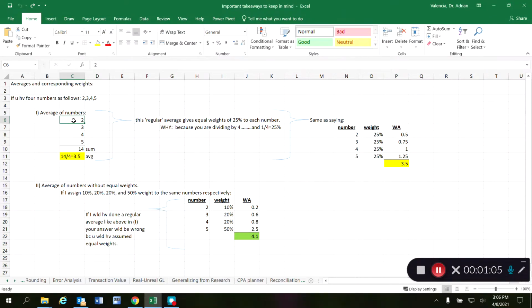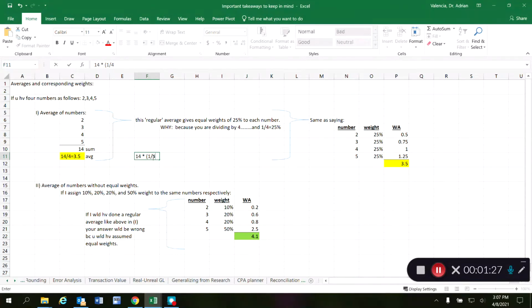So by summing this up and dividing by 4, you're basically saying 14 times the fraction 1 over 4. Now what this fraction implies is that each one of those numbers is being given 25% weight, or a quarter.